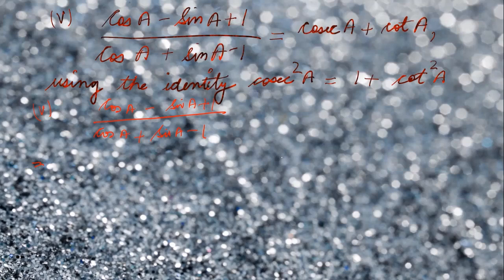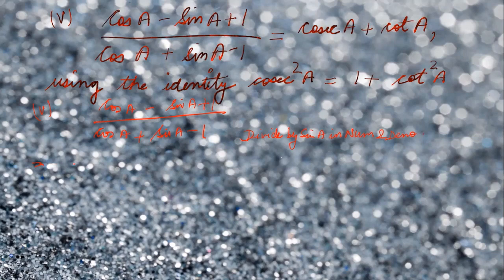When you divide cos by sin, you will get cot. So divide by sin A in numerator and denominator.